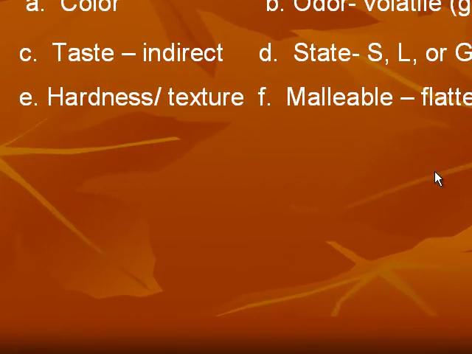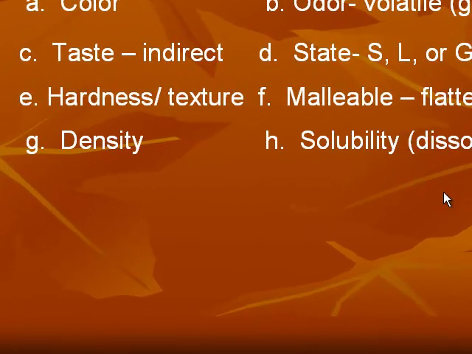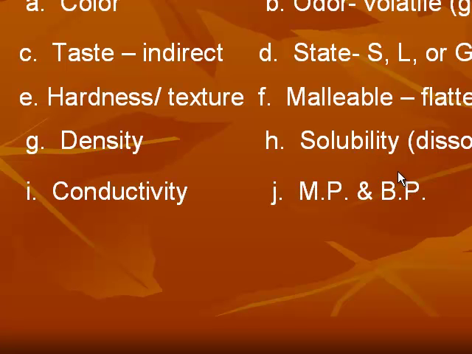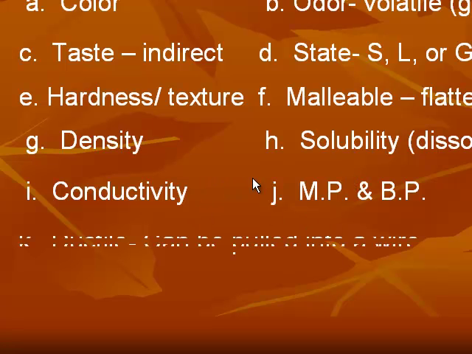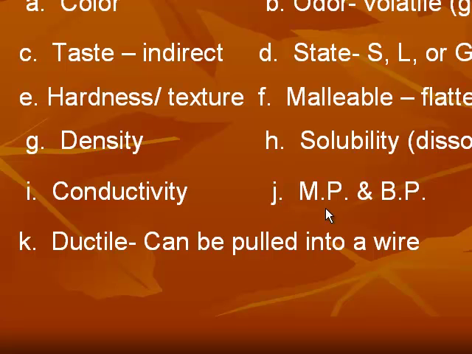If it's not malleable, I can't flatten it with a hammer. Its density, which does not depend on size. Its solubility, whether or not it dissolves in something else. Its conductivity, so if it conducts heat or electricity through it. Its melting point and boiling point. If it's ductile, if it can be pulled into a wire.